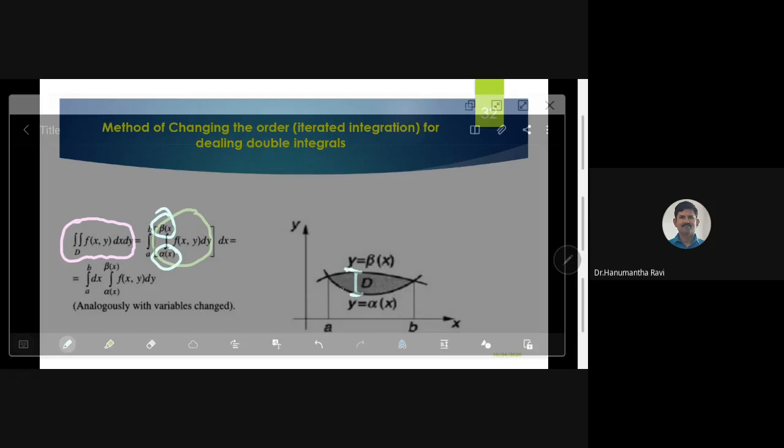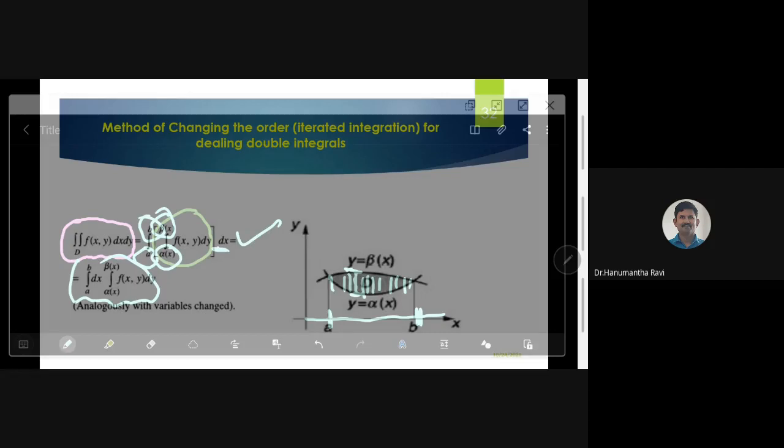Now slowly we are moving this strip like this, covering the region by moving the strip along the x-axis. From where to where are you moving the strip? From x is equal to a to x is equal to b, that is what we have written here. They may write it like this also, but I prefer this notation only.